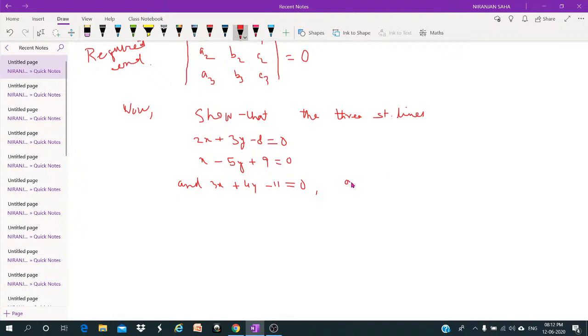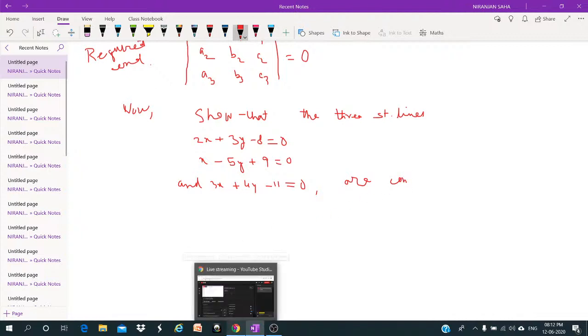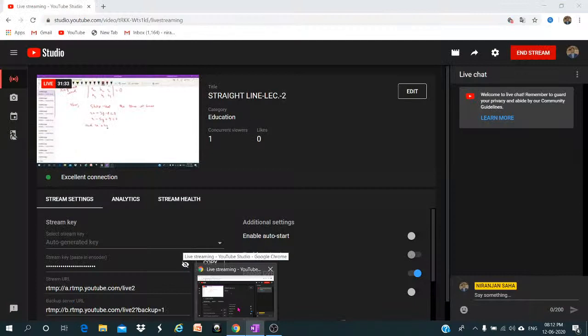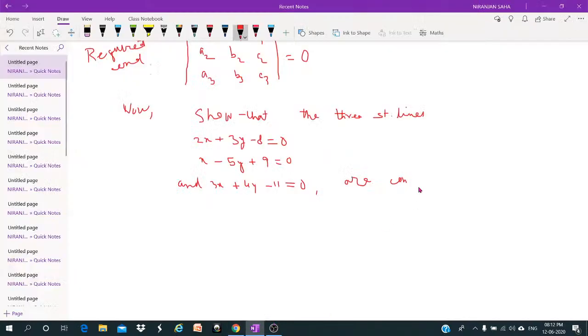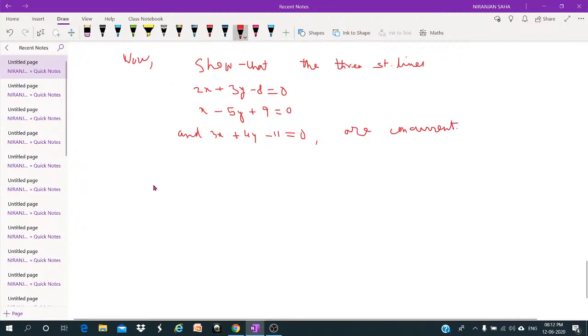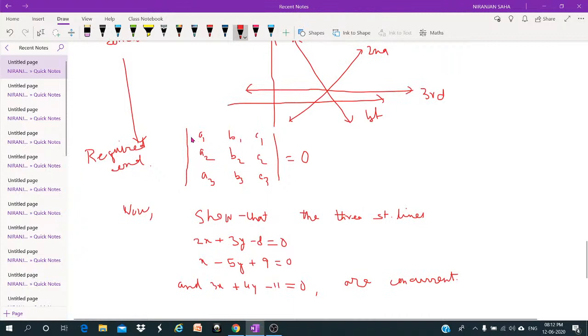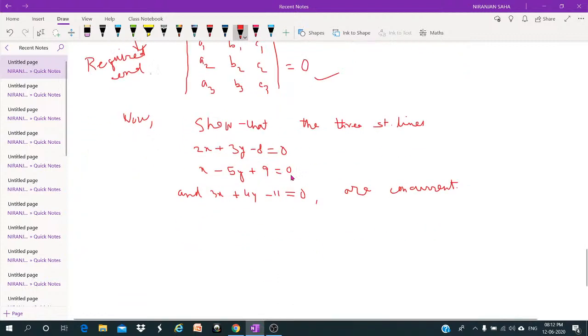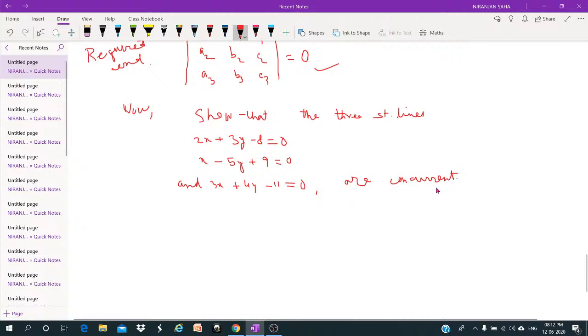How can we prove this? We know the condition that the determinant of the coefficients of the three straight lines must be equal to 0. If we show this, then we can show that these straight lines must be concurrent.